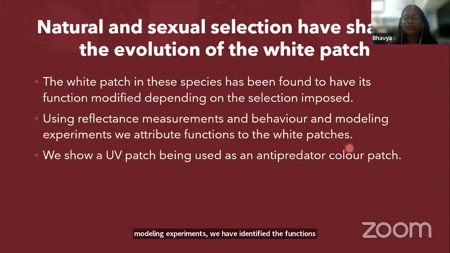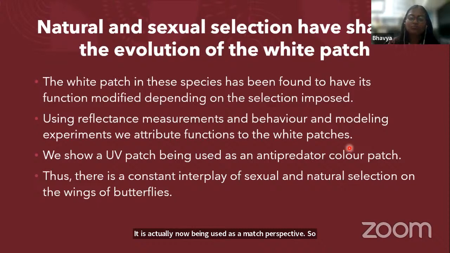And we show that the UV patch is actually being used as an anti-predator color patch, as opposed to what is conventionally thought of as a sexually selected trait. It is actually being used as a naturally selected trait. So we also show that that switch happens in this butterfly group. Therefore, there is this constant interplay of sexual and natural selection that works on these butterfly wings to shape the diversity that we see across different species.